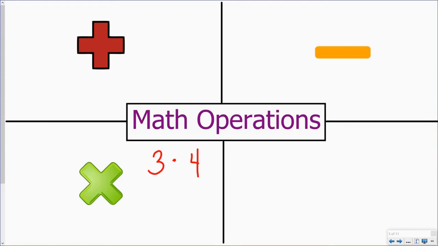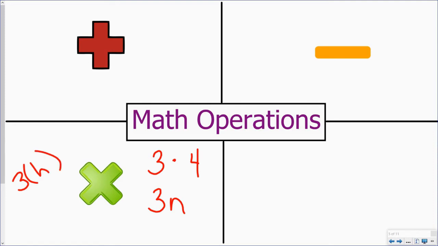Or we might not use a sign at all, because an X and a multiplication sign look very similar. So if I'm using variables, like 3n, I'm not going to use a multiplication sign at all. So here is 3 times n. So whatever n happens to be, we're multiplying it by 3. Or I may do that same thing, but in parentheses.